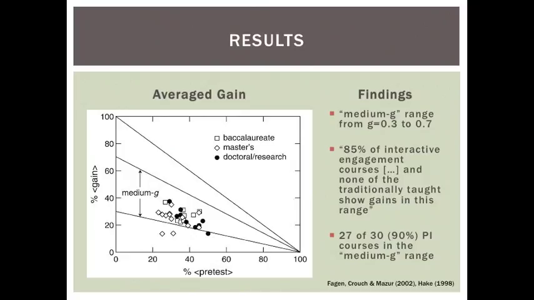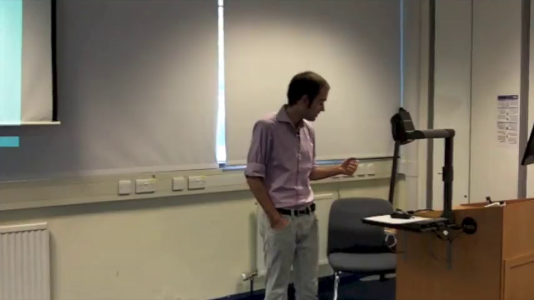And the medium G range, most of the courses in the survey, so 27 out of 30, 90%, fall in this medium G range, whereas none of the traditionally taught courses, so through lecturing, fall in this range. So the learning gain produced by peer instruction was significantly higher than the learning gain produced by traditional lecturing.